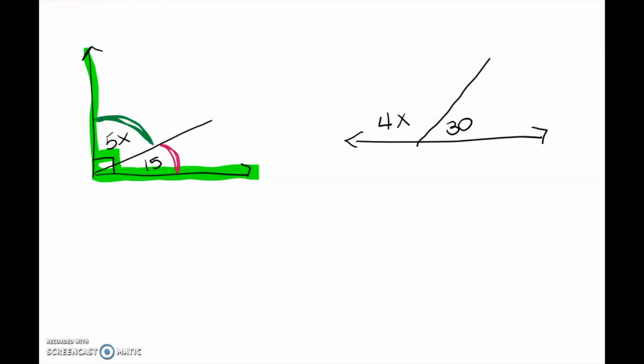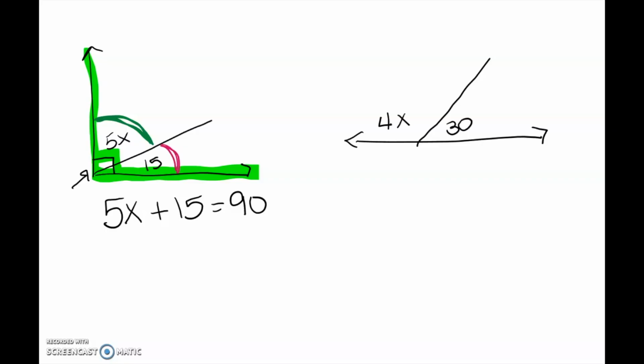And so I'm going to write an equation to solve for the value of x. So my green angle, 5x, plus my red angle, 15, those add up to a right angle, which is 90 degrees. So now I have a 2-step equation that I can solve.